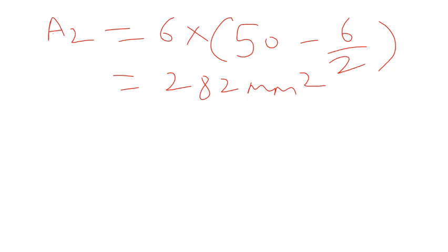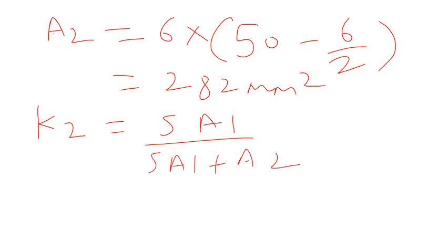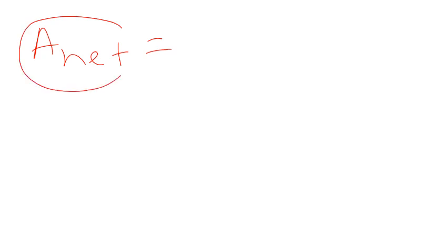Once we have these two values, find the K2. So as I already mentioned, K2 will be equal to 5A1 divided by 5A1 plus A2. So if you plug in the values, you will get this K2 as 0.863. So this will help us to get our required value, that is A net available, this is not A net required.